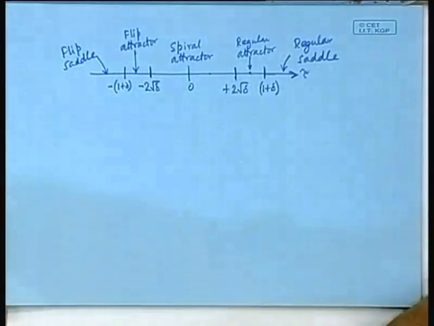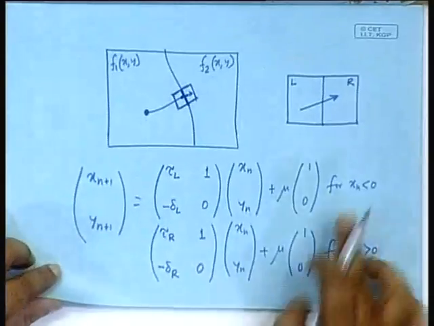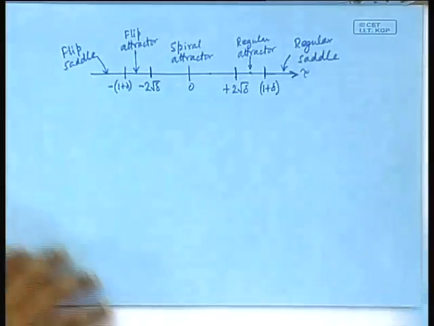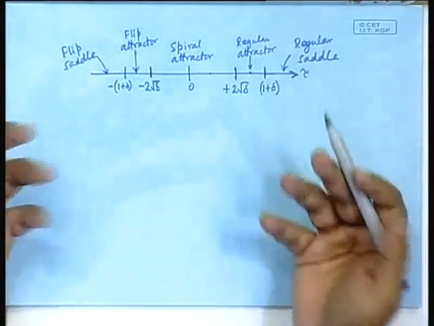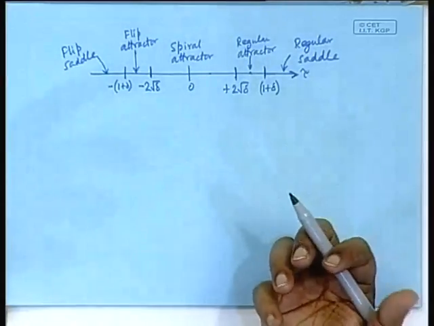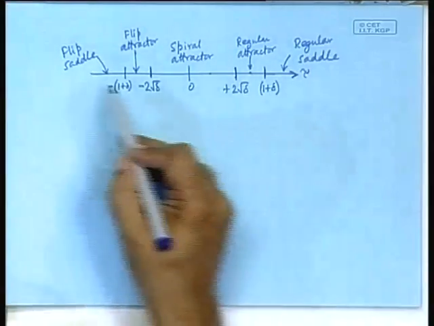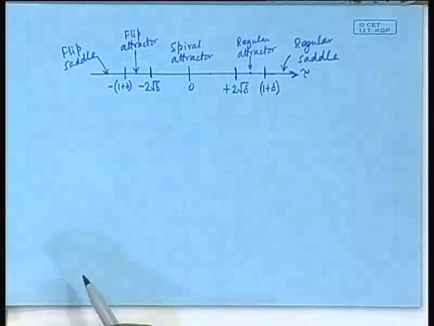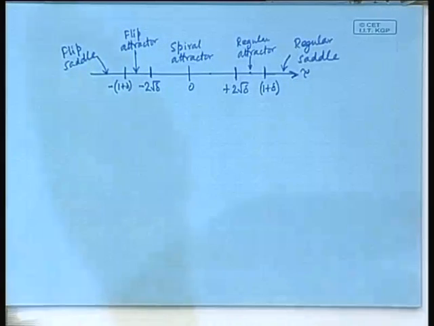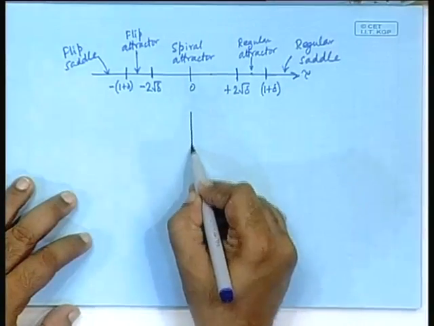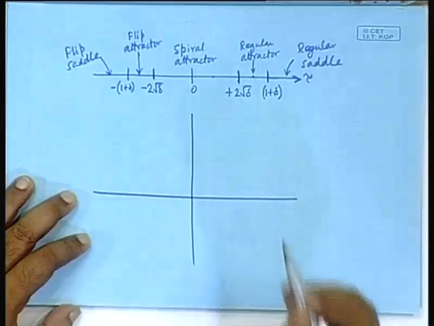So, when you write down the equations like this, then in each side the character of the fixed point will be determined by the magnitude of the trace as compared with the magnitude of the determinant on this line. But we are considering a specific type of fixed point turning into another specific type. So, this thing has to be done in two directions. So, we can now shape it like this.